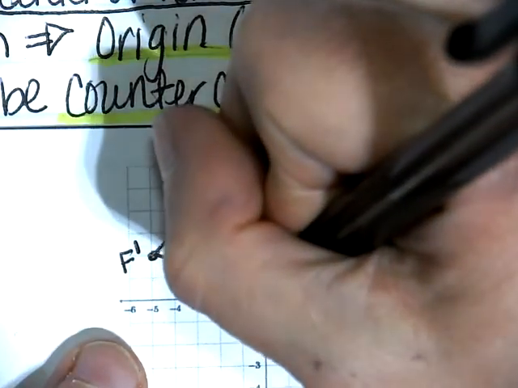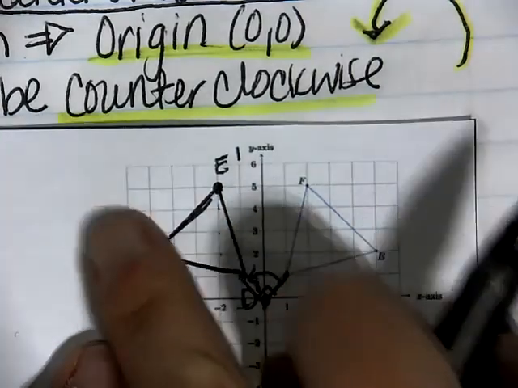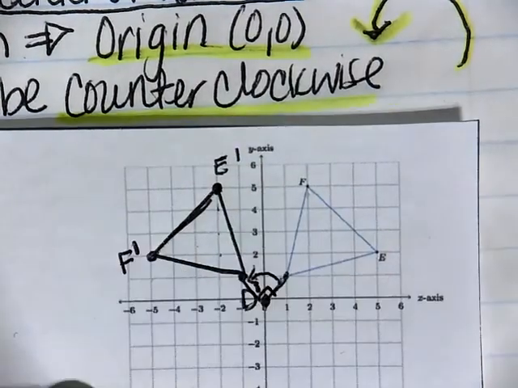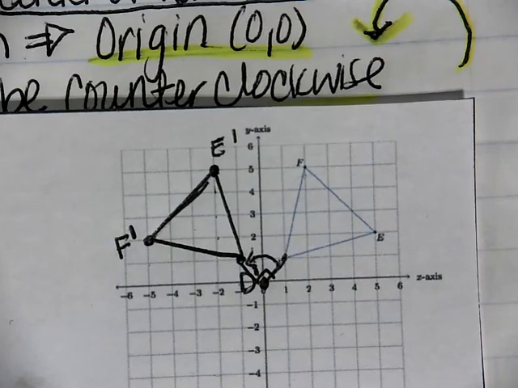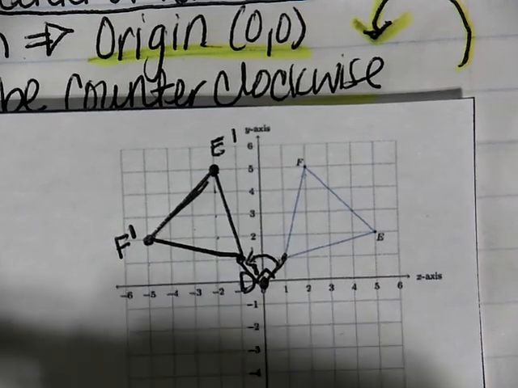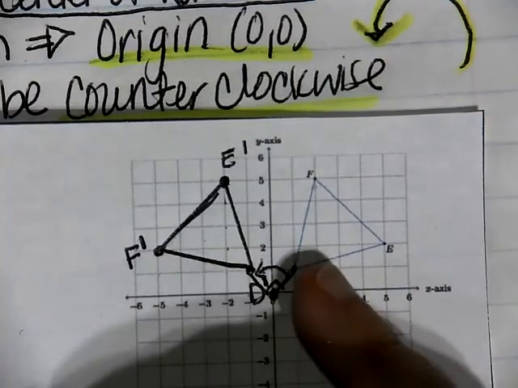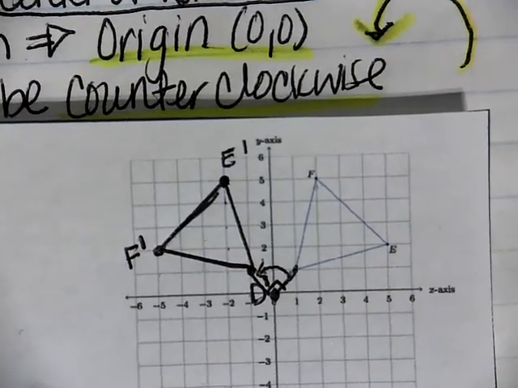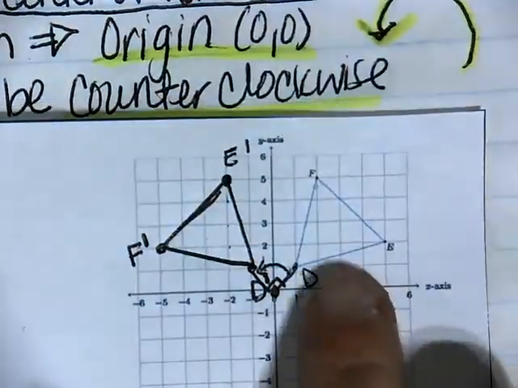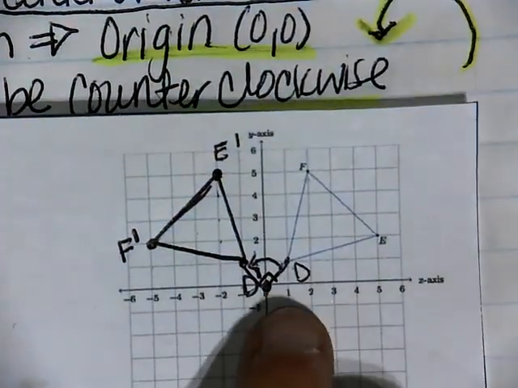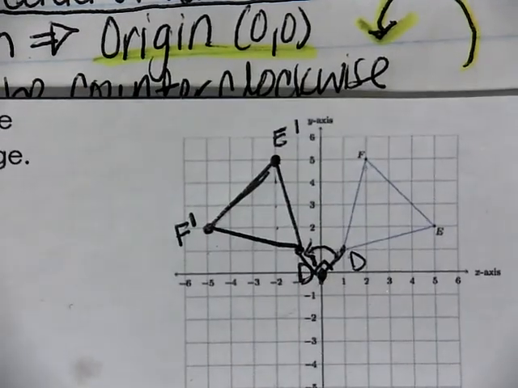Here is a 90-degree angle that is created. You can always check yourself whenever you are looking at problems and looking at your work to verify that you did it correctly, to see, did I create the correct angle between the points that I have identified? So you can clearly see that there is a 90-degree angle in between D and D prime's rotation.